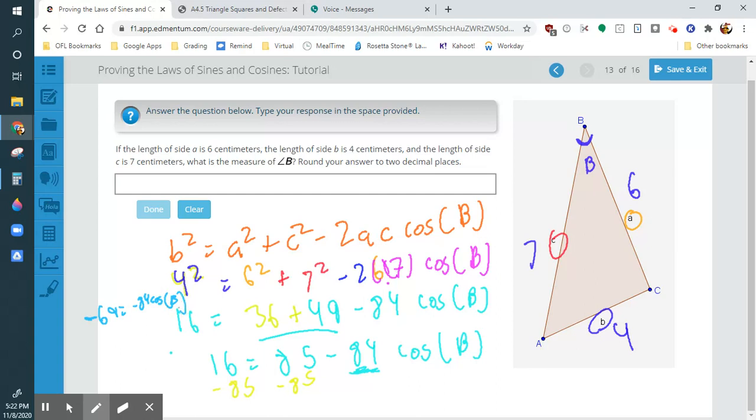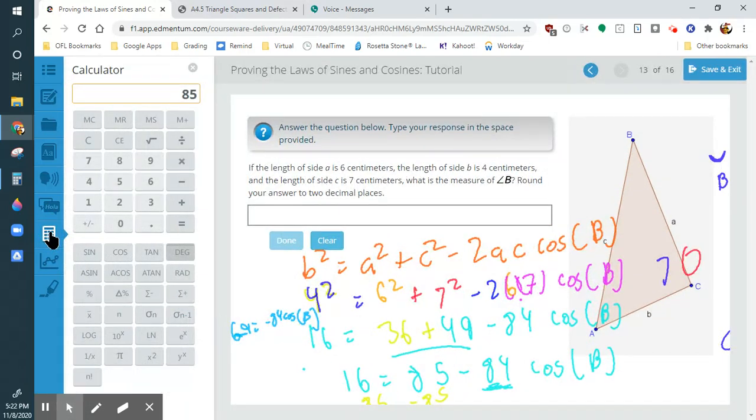And I'm sorry, it's so tiny. Imagine this is even worse if you're looking at this on your phone. So here I'm going to do 69 divided by 84, and I get this fraction, 0.8214 equals cosine of b.